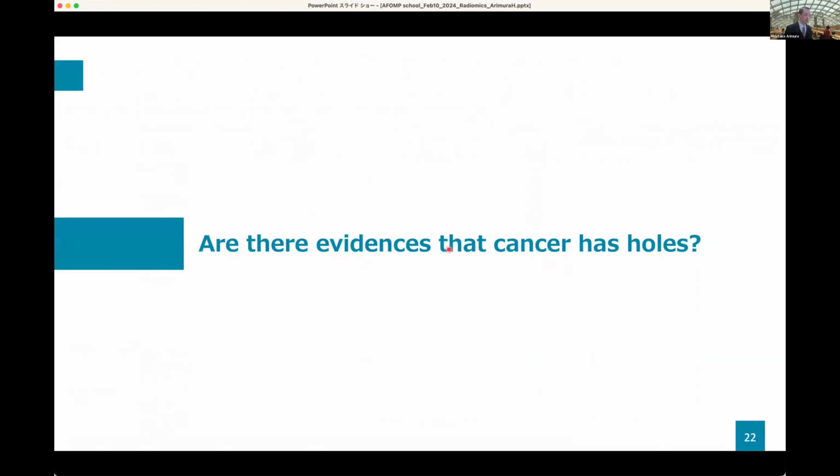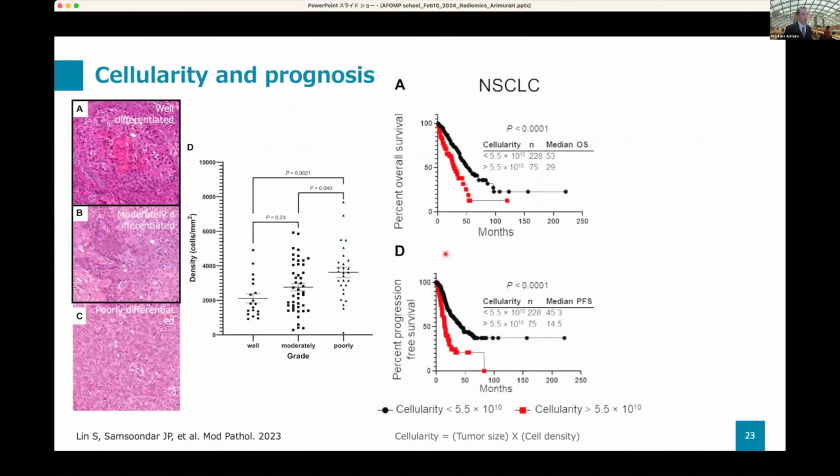So I'd like to go back to the fold analysis. Are there evidences that cancer has folds? Actually, we have. Here is the relationship between cellularity and prognosis. Look at this Kaplan-Meier curve. Here are histological images: well differentiated, moderate and poorly differentiated.